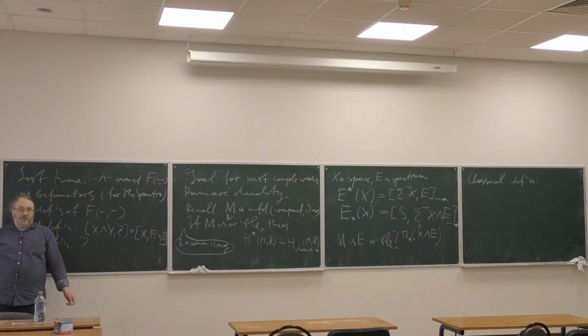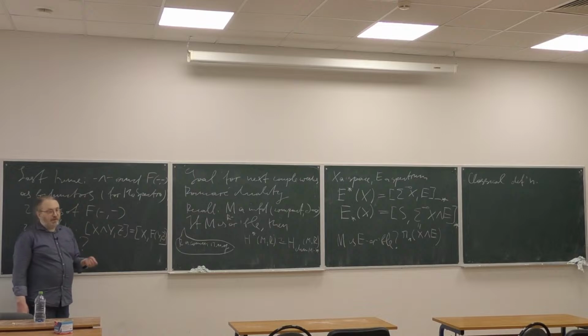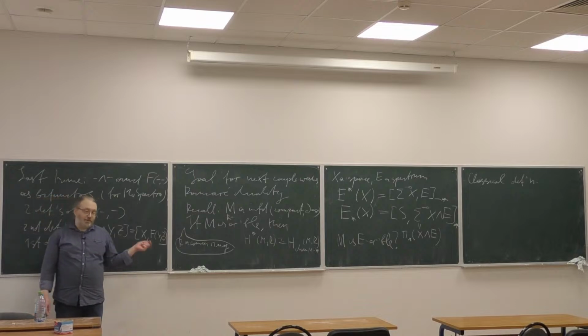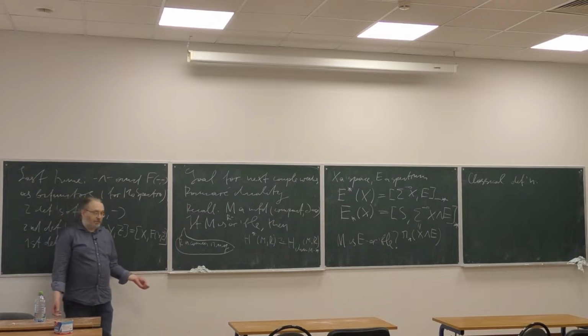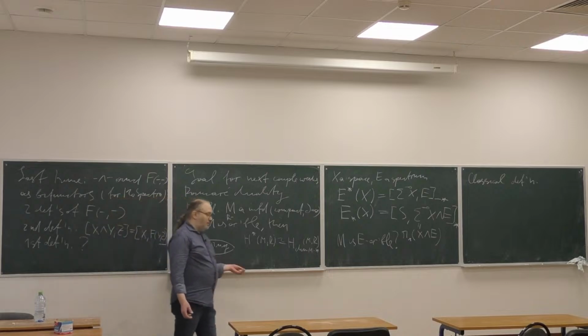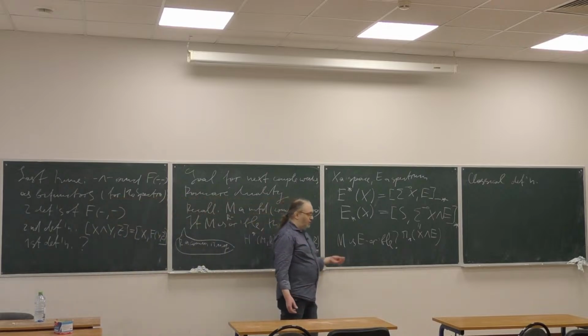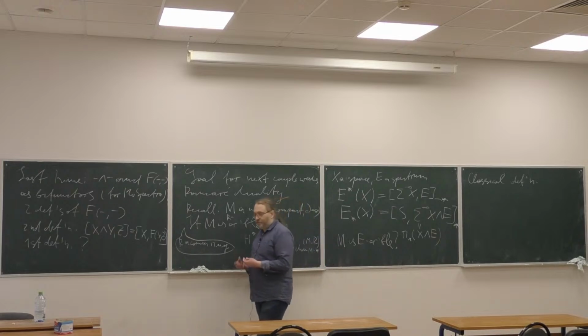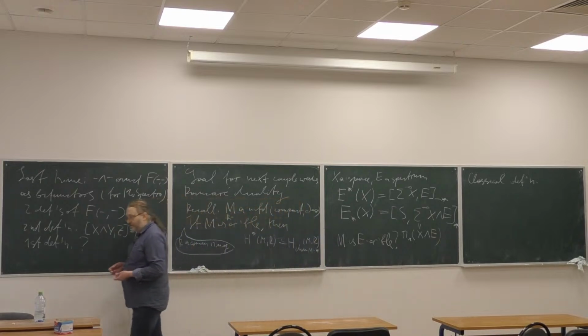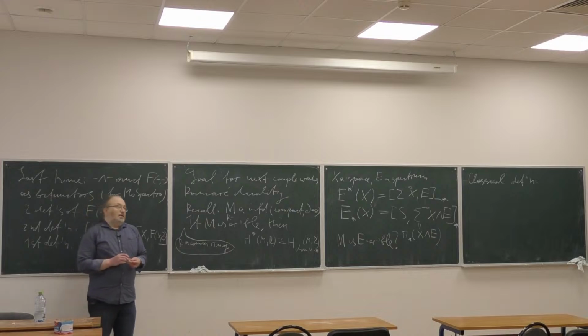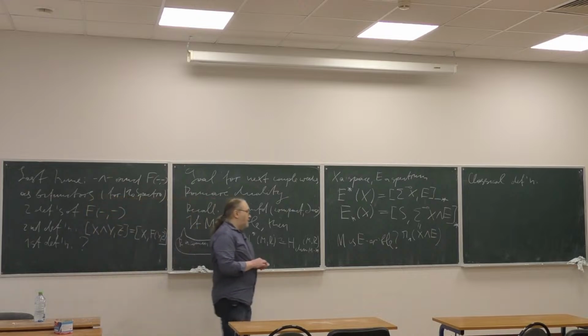For example, the top homology of M may or may not be isomorphic to R, and if it is, then M is called orientable, and for every choice of isomorphism, we get a choice of a fundamental class, and so on.